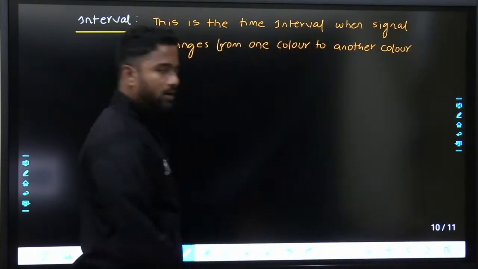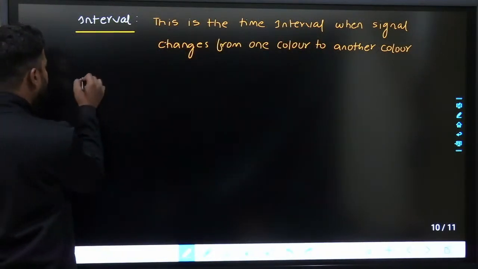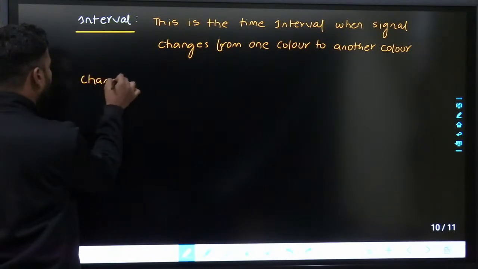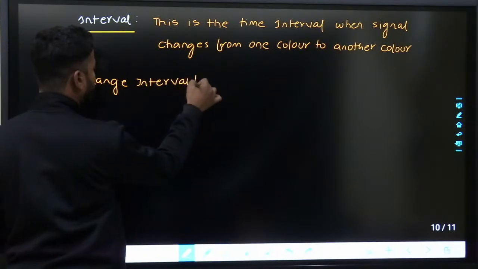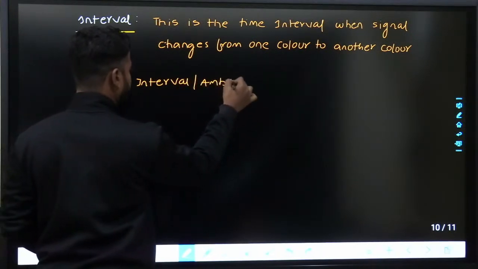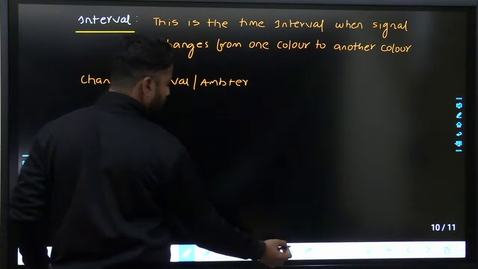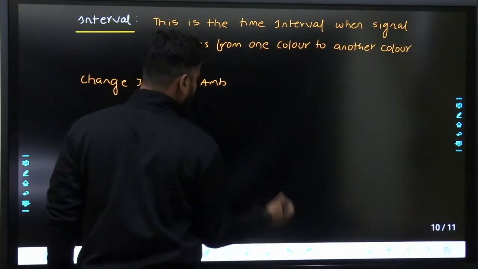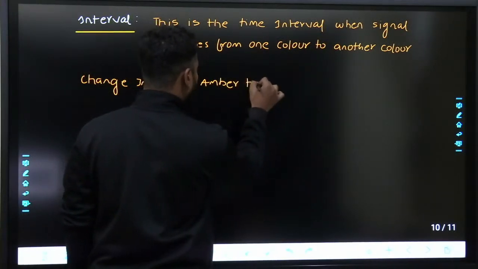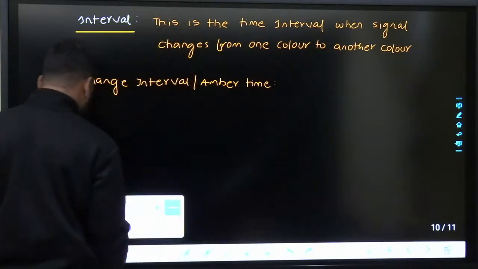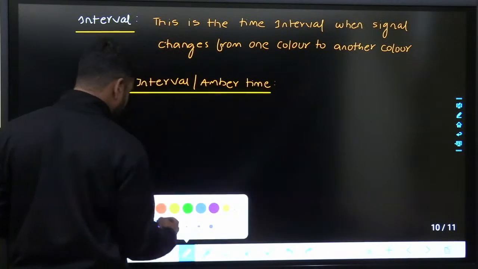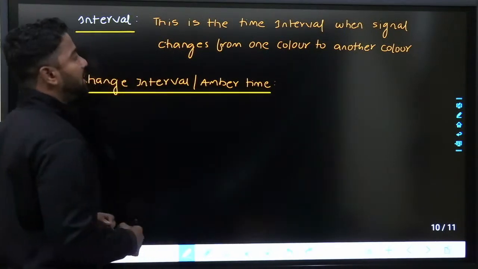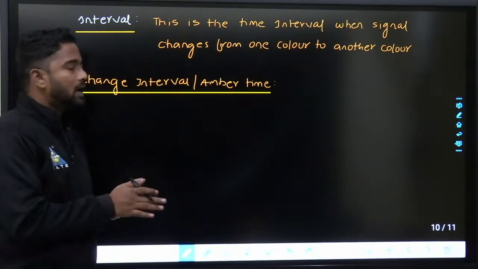This is further divided into two types of intervals, that is change interval or amber time. So, what exactly is meant by change interval or amber time?